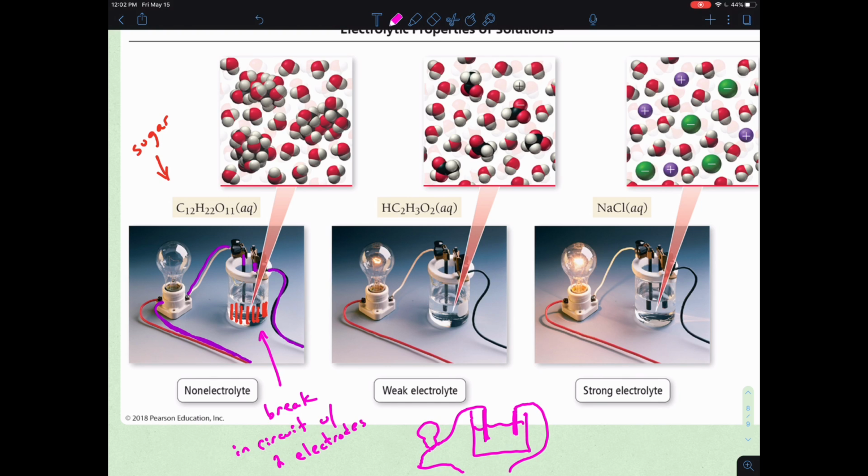So we have this separation between the two. So you put sugar in solution, nothing happens.